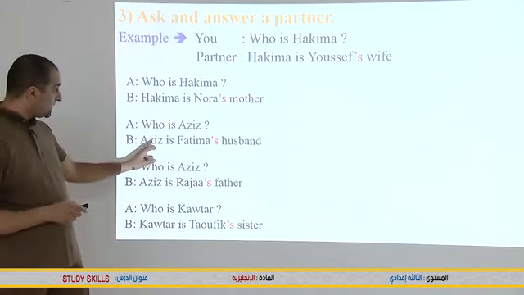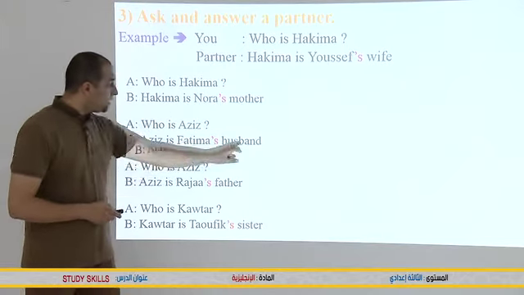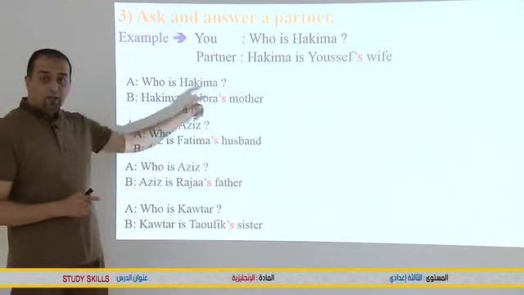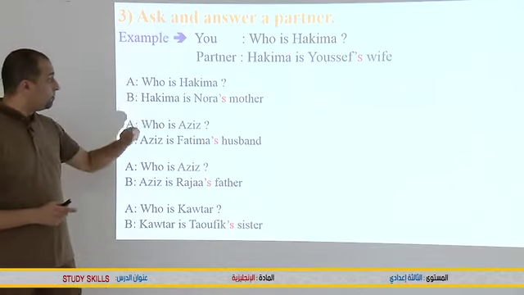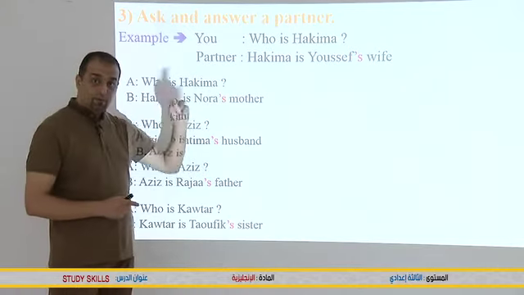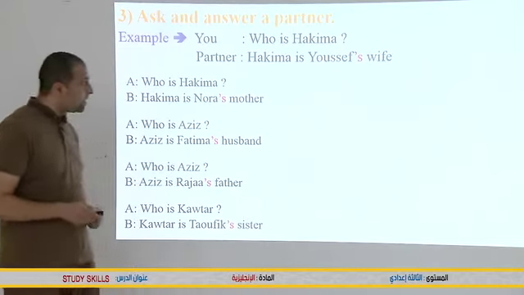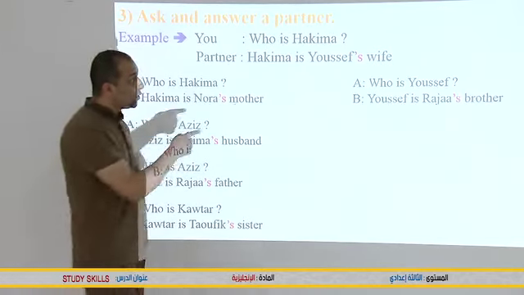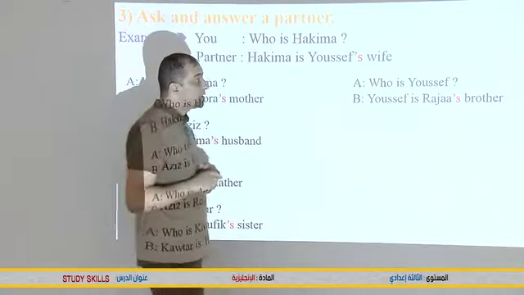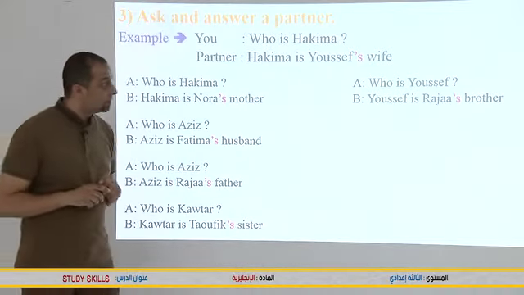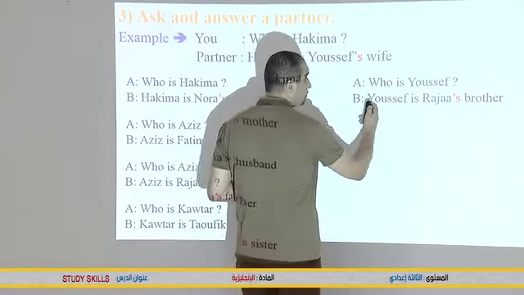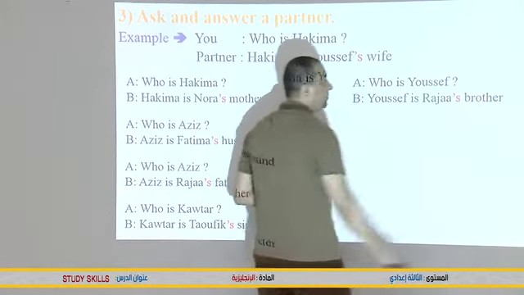Hakima is the mother. So these words should be feminine or masculine, both of them. Hakima, mother, feminine. Aziz, husband, masculine. Another example. Who is Yusuf? Yusuf is Raja's brother. So as you can see here, Yusuf, brother.